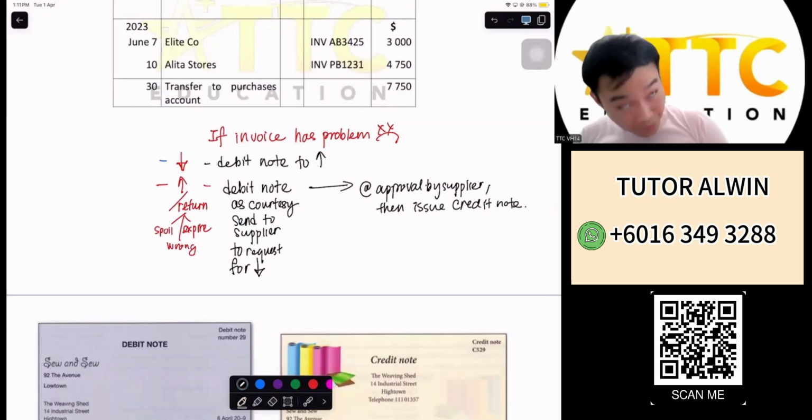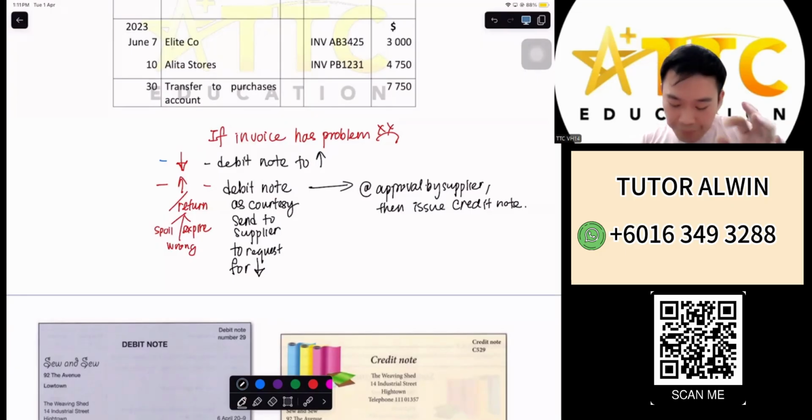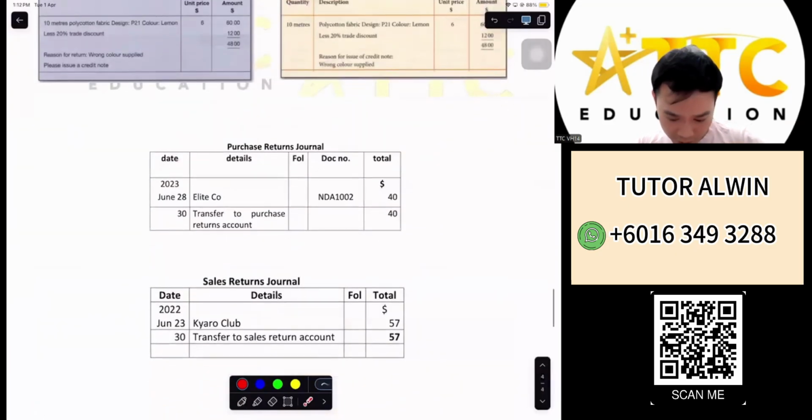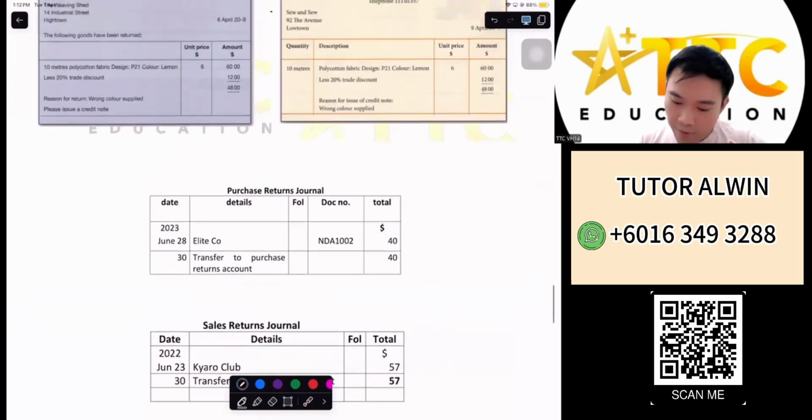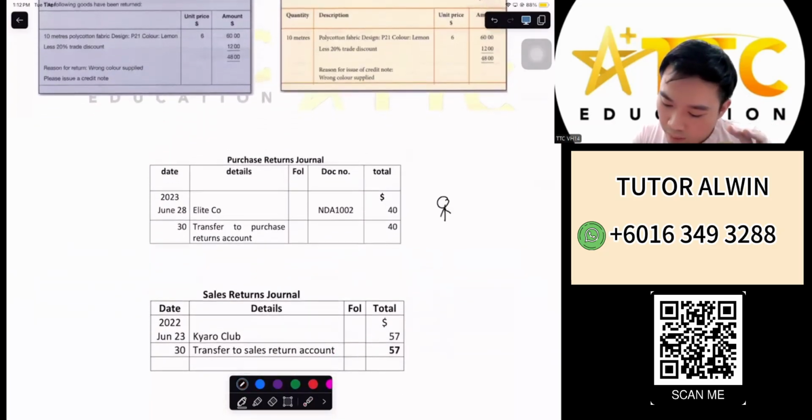So this is quite special. Only upon approval do you record this credit note into the purchase return or the sales return journal. From this point of view, this is me. I return something to my supplier.